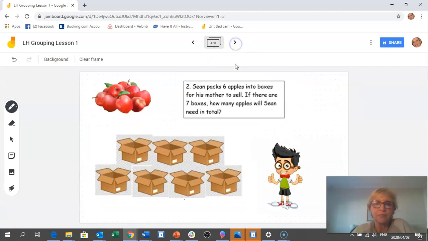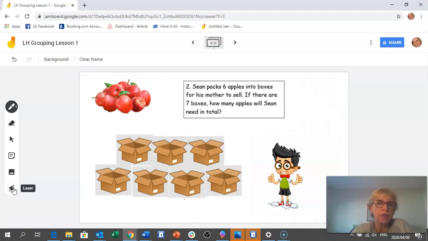Here is another example. Number 2 says Sean packs 6 apples into boxes for his mother to sell. If there are 7 boxes, how many apples will Sean need in total?